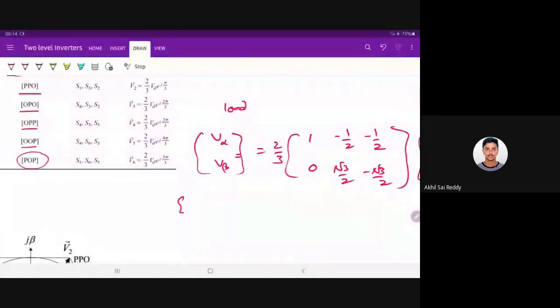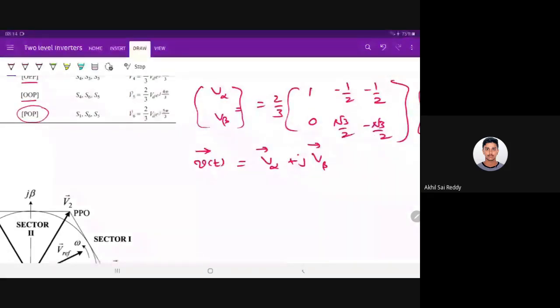Based on that, for example, for a switching state, we define V alpha and V beta, right? Here the resultant of these two will be a vector, that is V alpha plus j into V beta. So here these three-phase signals are now converted to two-phase signals with 90 degrees phase shift.